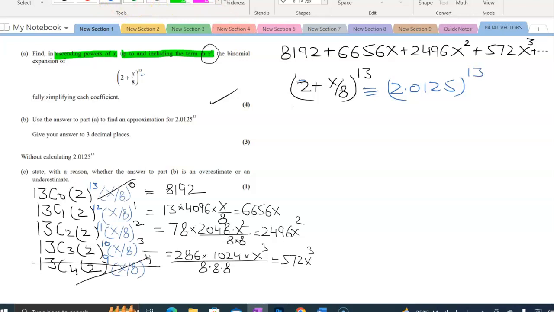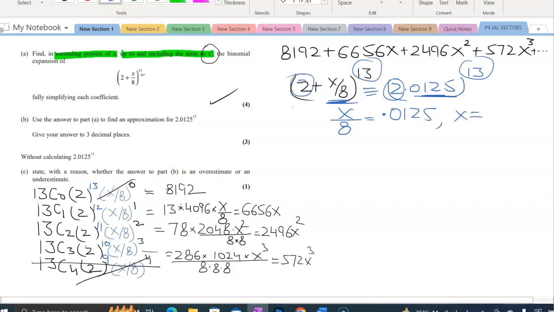Now if we compare all these things, you can see the 2 is here, power 13 is there, x over 8, and so we can easily say that x over 8 is equal to 0.0125. So it shows that x is equal to 8 times 0.0125, which is 0.1.